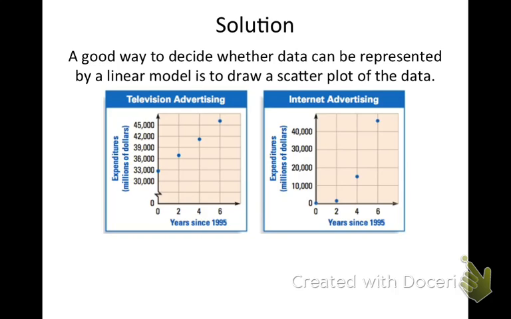Here you can see the scatter plots. The first scatter plot is your television advertising, and the second scatter plot is your internet advertising. Yours should look very similar to mine. From the two scatter plots, you can see that broadcast television data fall almost exactly on a line.